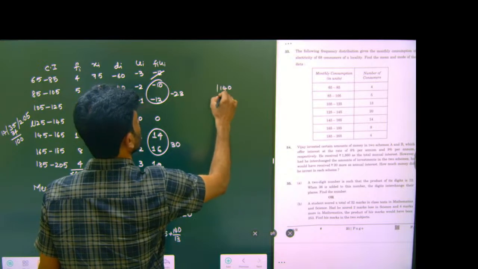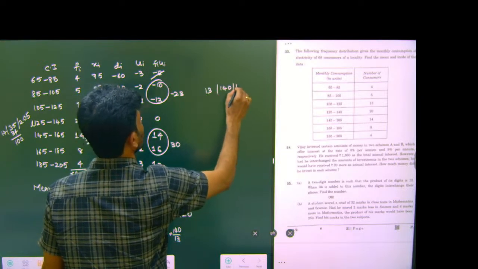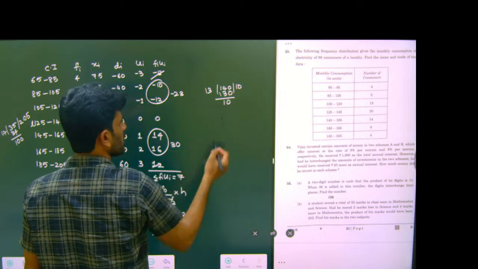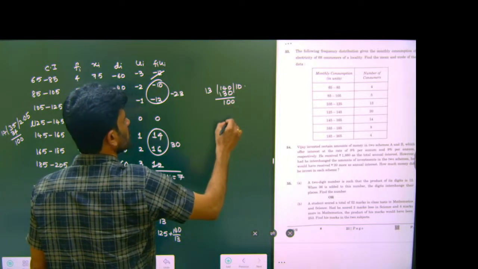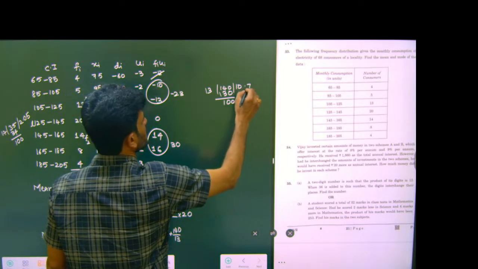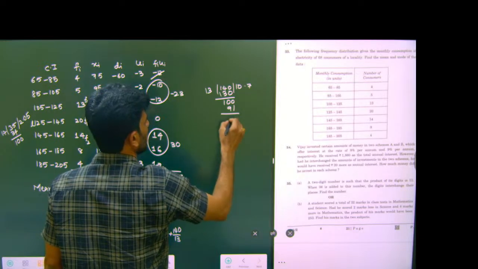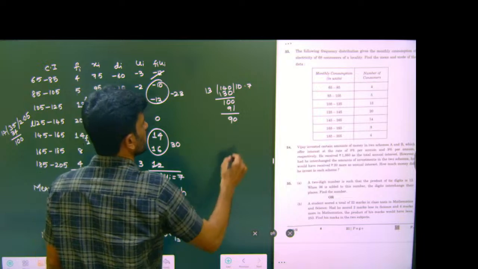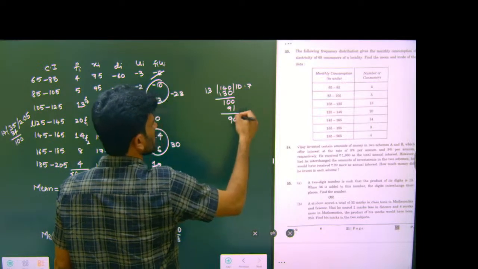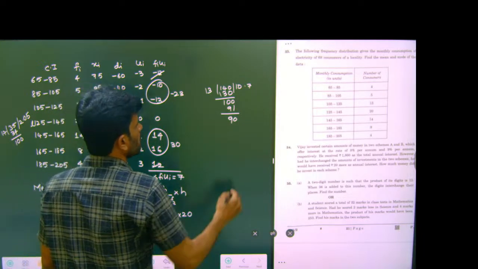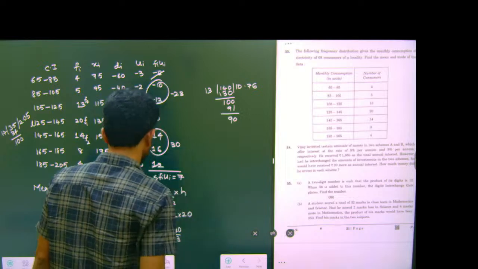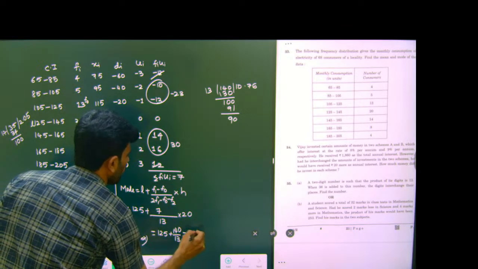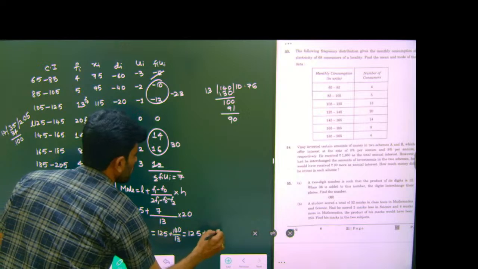We have to divide 140 by 13. If you divide 140 by 13, what do we get? 13 10s are 130. 10 is the remainder. We cannot divide, so 0.0. 13 sevens are 91. Then 9 is the remainder. 90, then 13 sevens are 91, one more time. So approximately 10.76. So 125 plus 10.76.